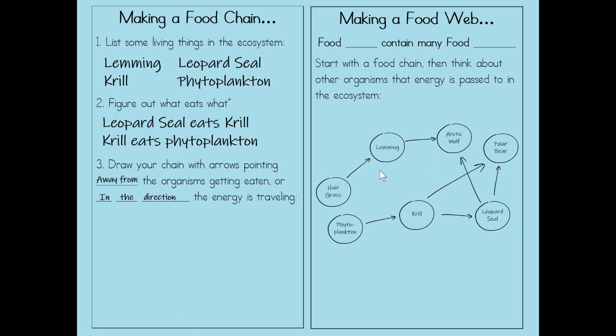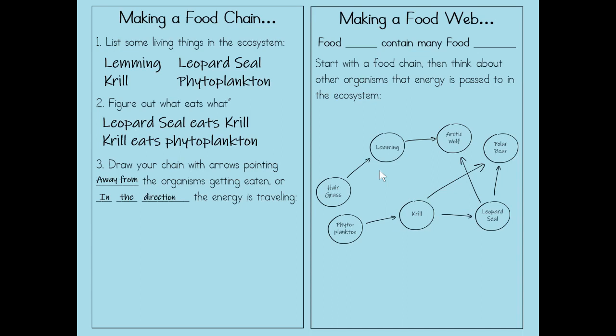The ecosystem I am making food chains and food webs for today is the Arctic, or the tundra. So, my living things that I have listed here are a lemming, which is a small rodent, a leopard seal, krill, and phytoplankton. Those are some living things in my ecosystem.